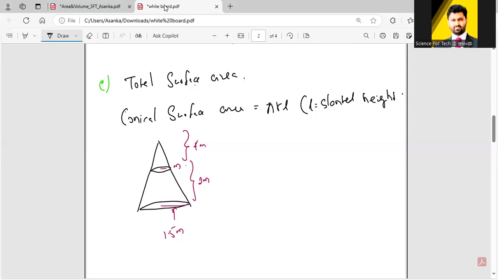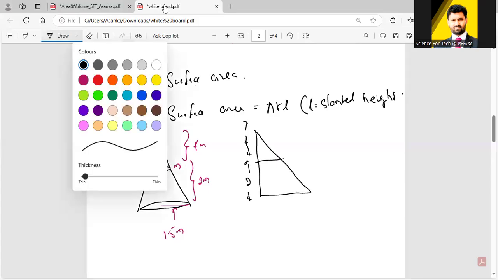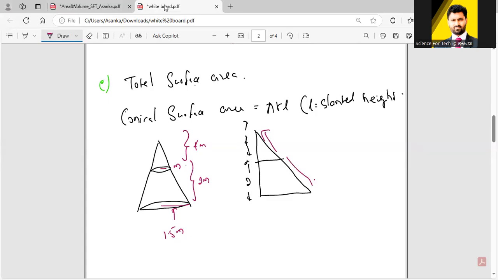If you draw a triangle, from here to here it is 2, from here to here it is 4, and this is the slanted height, the L.